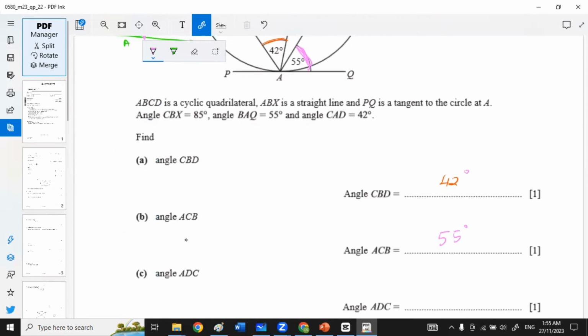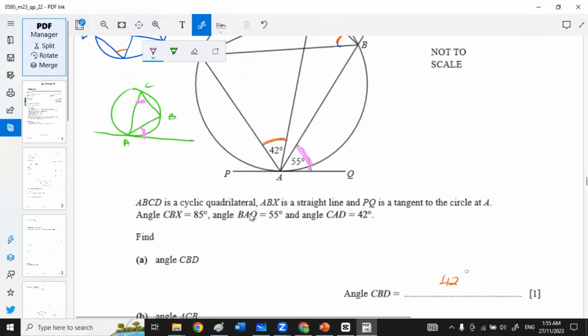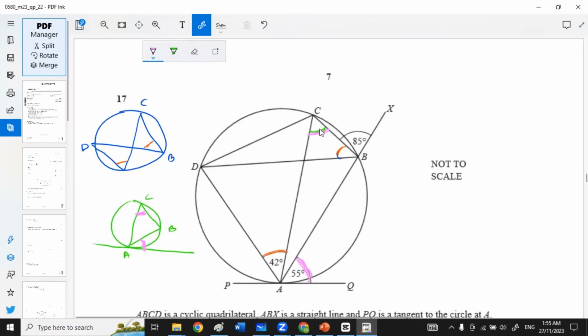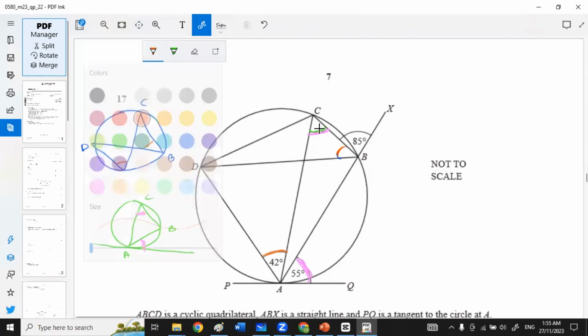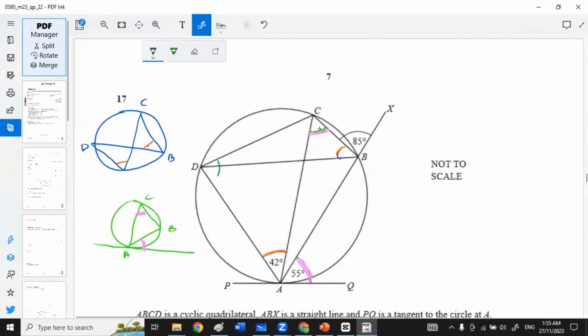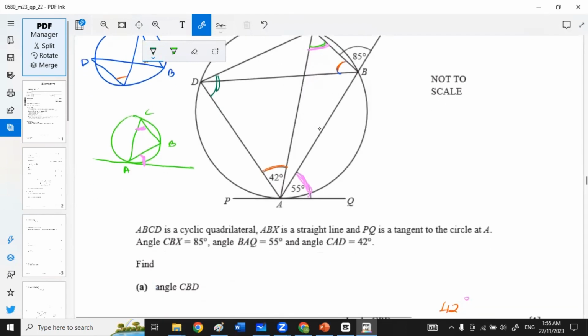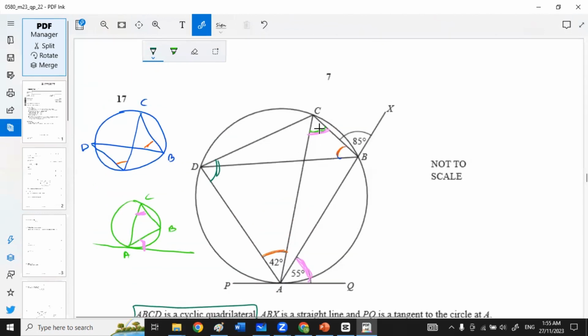Next, angle ADC. ADC is here. If you read the question, it stated ABCD is a cyclic quadrilateral. So basically, a cyclic quadrilateral is a circle with a quadrilateral inside the circle.